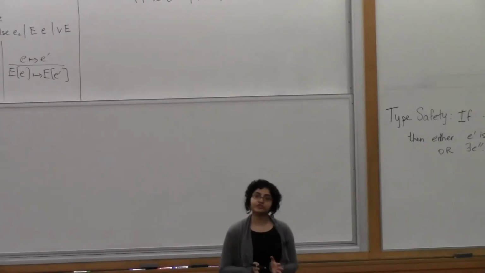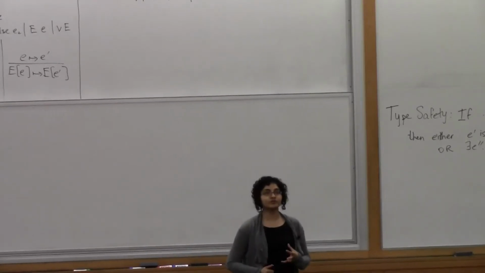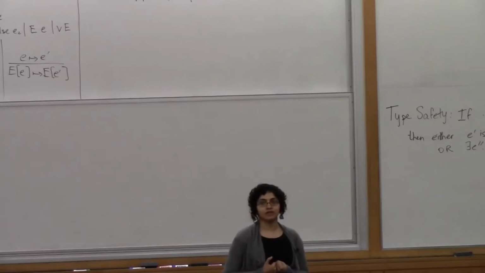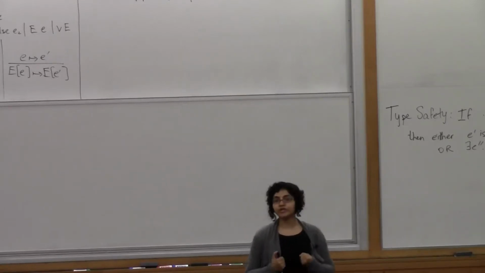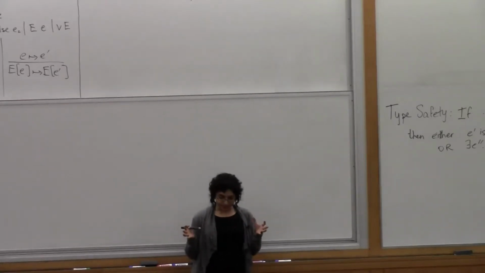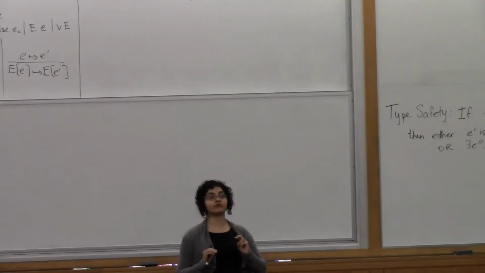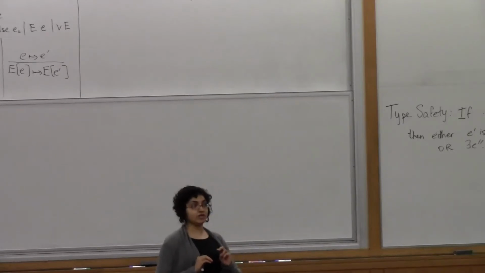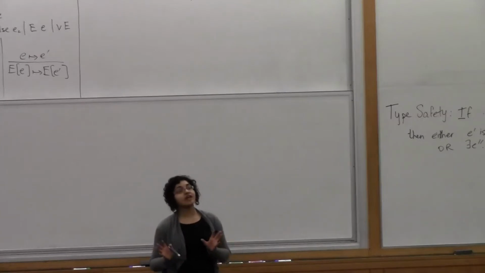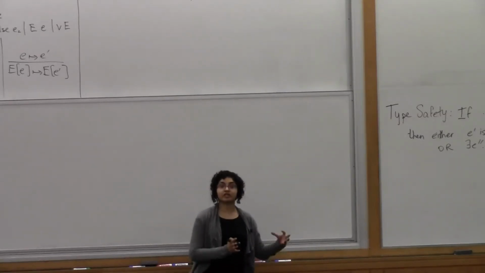And sometimes, in order to be able to type check the running programs, you have to build a lot more stuff into your type system. At the end of the day, we only care about type safety. And so the type system that you need in order to type check surface programs, the programs that a programmer can write down in your language, could be much simpler, depending on your language, than the enriched type system that you need in order to type check intermediate terms.